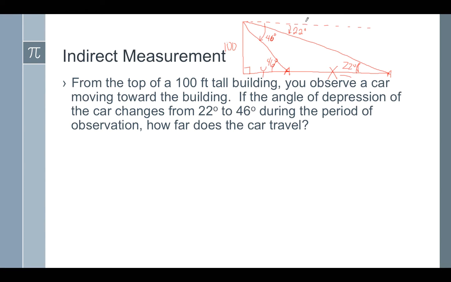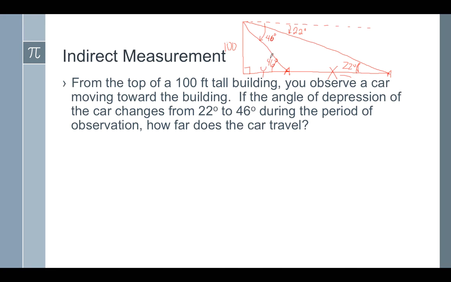Now, you didn't have to know that. You could have done that this is 46 and therefore this angle is 90, and thus this angle would be the 44. I'm going to use the 46, however. So if I look at this first triangle, there's a lot of things that I could figure out. I could actually figure out the length of y using what I know about trigonometry.